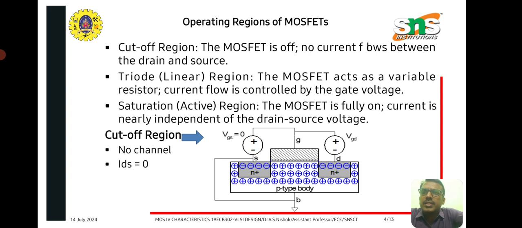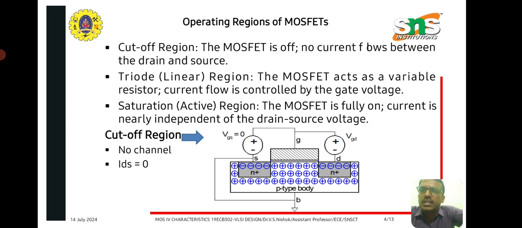Coming to the operating regions of MOSFET, we have three different operating regions: cutoff region, which is nearer to the x-axis, linear region, which is nearer to the y-axis, and active region, which is almost the saturation region, at the center between the x and y axis. In the cutoff region, the MOSFET is mostly in off condition because there is no current flow between the drain and source.